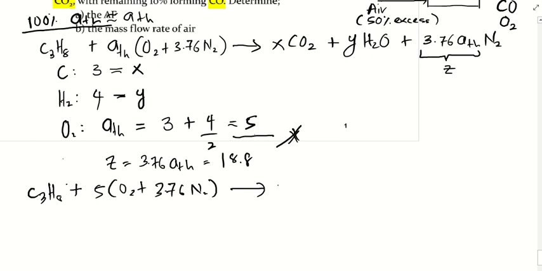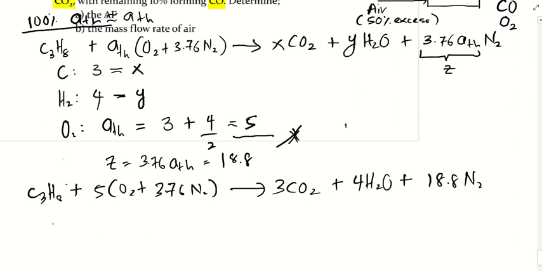So X is 3 CO2 plus Y, which is 4 H2O, and then Z, which is 18.8 N2.